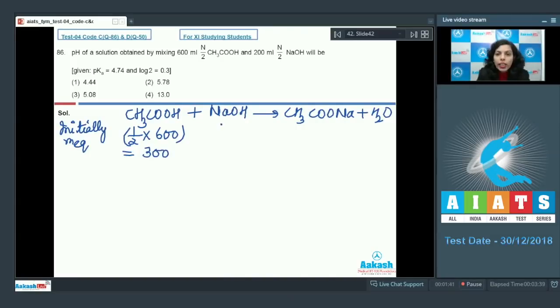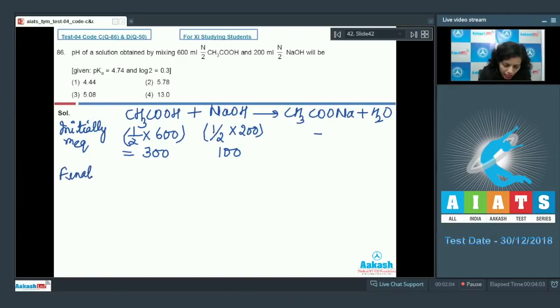Similarly, for NaOH, initially it is 1/2 and the volume is 200 ml, so there were 100 milli equivalents of it. But sodium acetate was not formed initially, so there's no milli equivalent of sodium acetate.